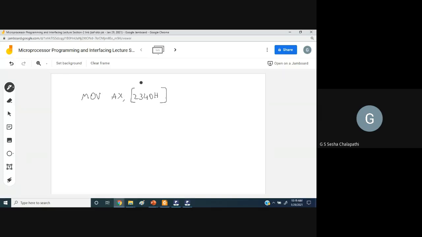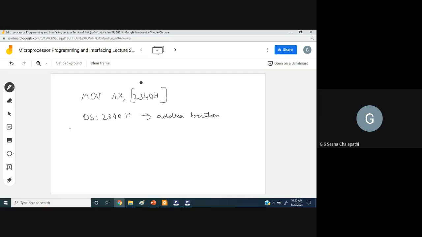After this instruction is executed, DS:2340H will give some address location, and this physical address will contain the source data.